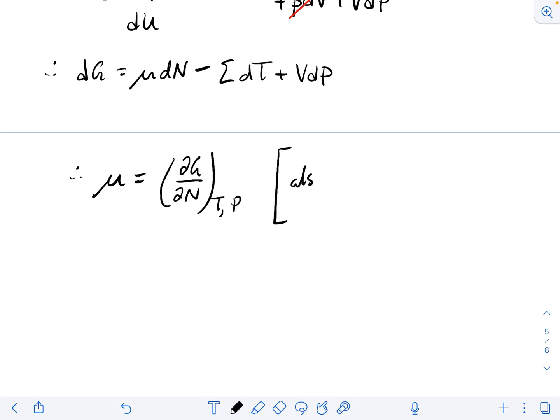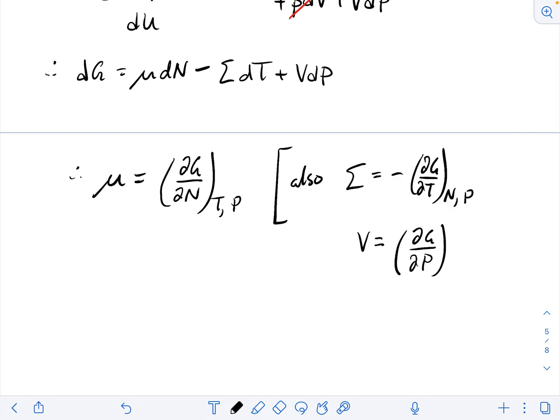The chemical potential one is the important one that we're going to use, but we could express entropy as minus dG/dT if we had constant particle number and constant pressure, and we could express volume as dG/dP for constant temperature and particle number.